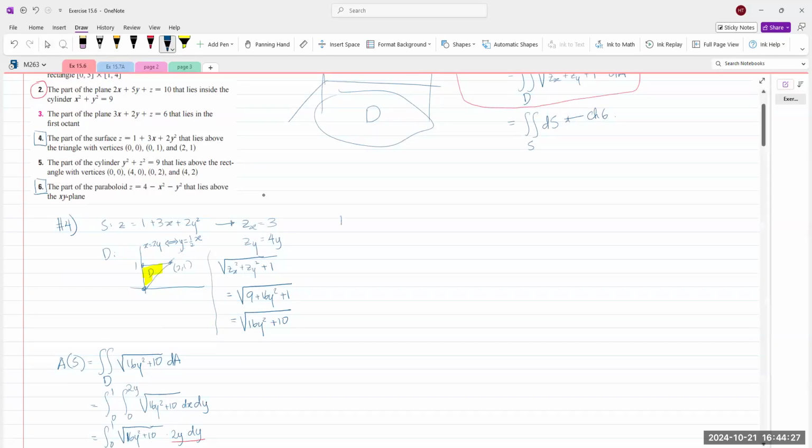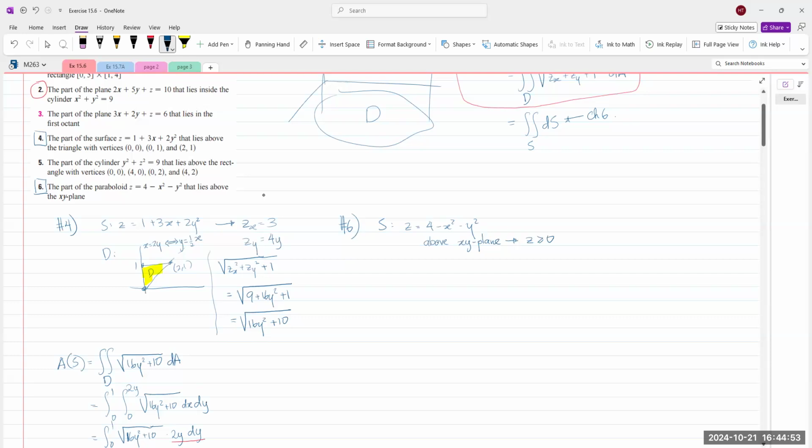Question number 6. Part of the paraboloid z equals 4 minus x squared minus y squared above the xy plane. So when we say above the xy plane, that means z is greater than or equal to 0.